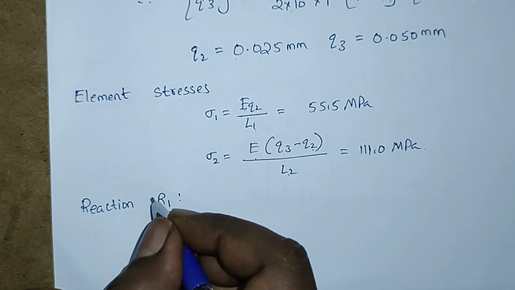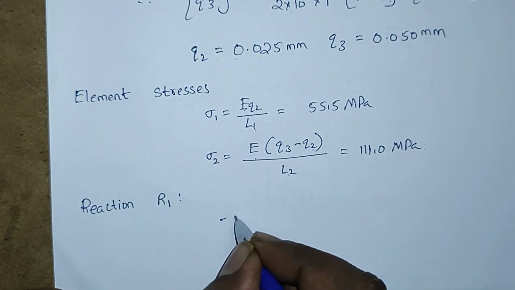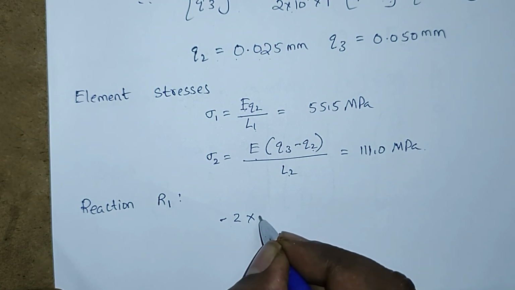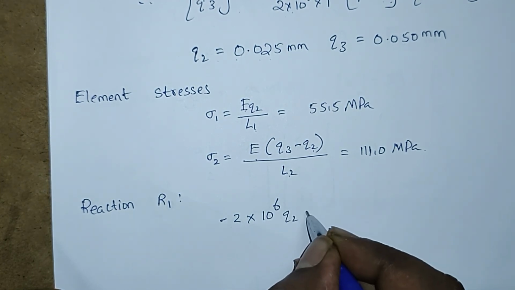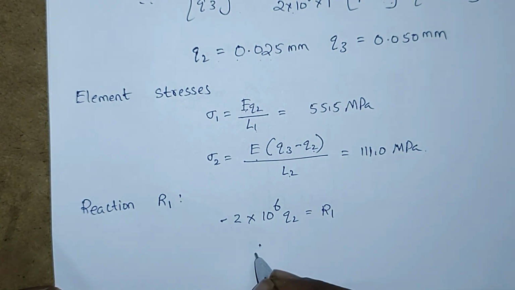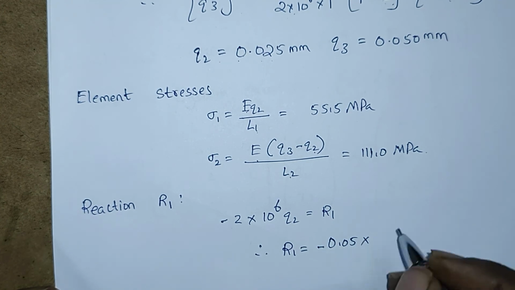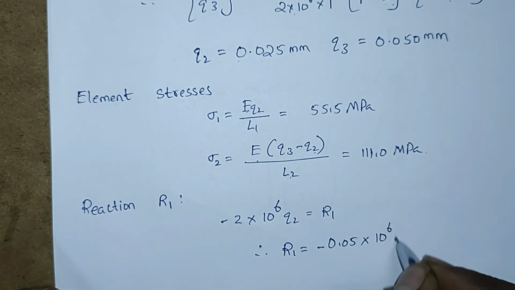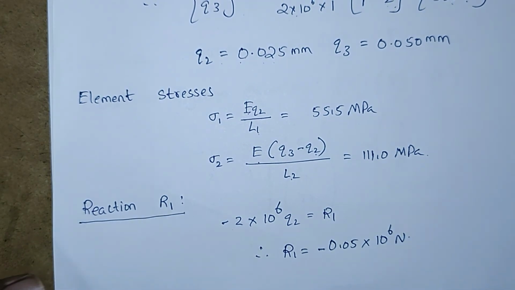How will we write? Minus 2 into 10 to the power 6 into q2 is equal to R1. Okay, so what will we get? R1 is equal to minus 0.05 into 10 to the power 6 here. So this is our reaction R1.